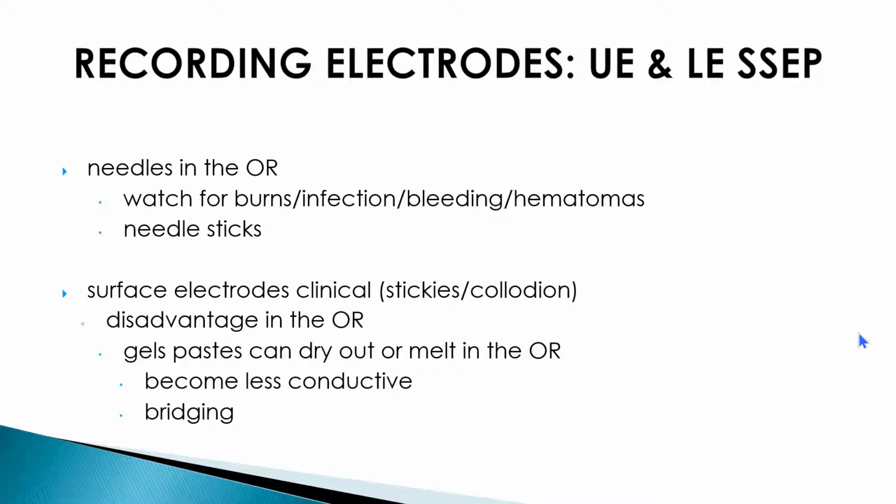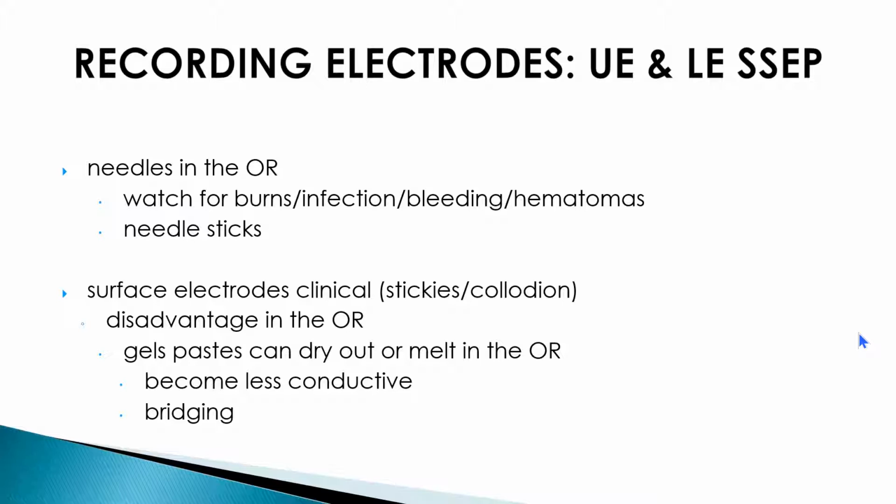You can use surface electrodes. They're mostly used in the clinical setting, but you still can use them in the OR. We call them stickies. We also can apply electrodes with collodion. However, that practice isn't used that much anymore. The disadvantage to using surface electrodes in the operating room is that the gels and paste that come along with these sticky electrodes can dry out. And if it dries out, then the stimulation becomes less effective, and then it changes your responses.